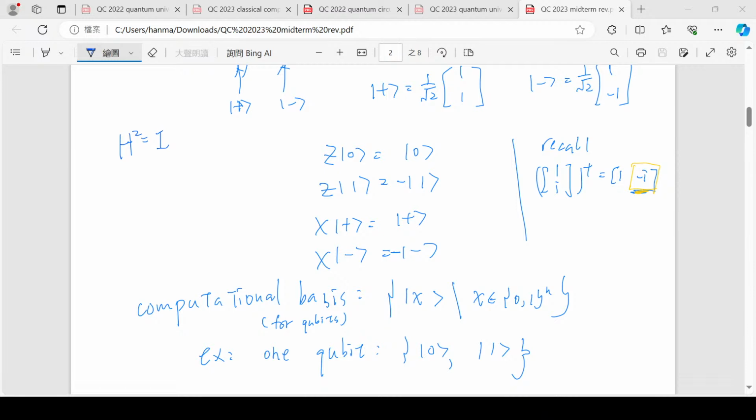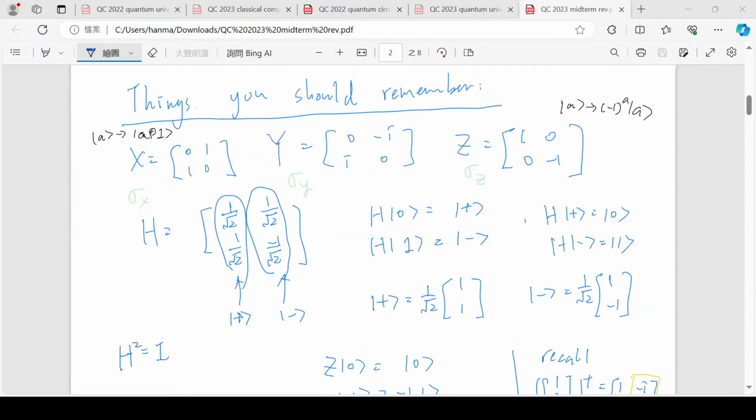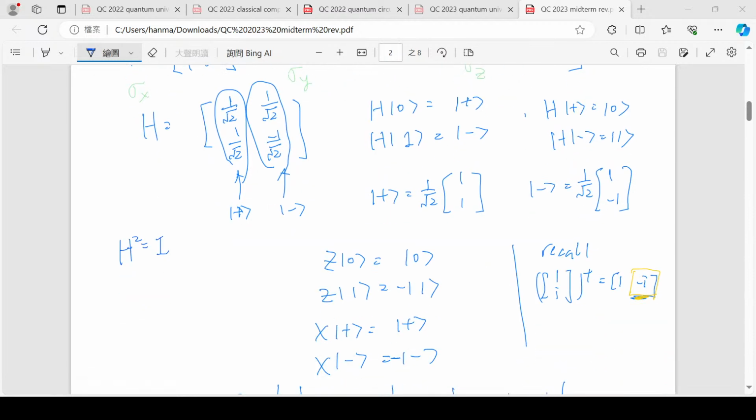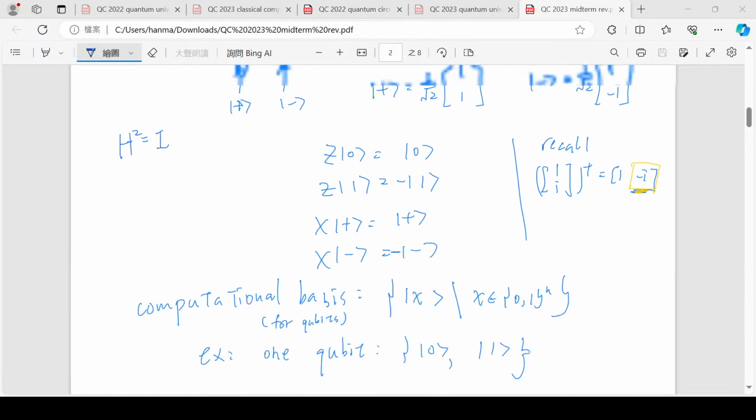For example, for the column vector (1, i), applying dagger makes it (1, -i). So you need to remember this minus i. This doesn't matter for the 0, 1 states or plus, minus states, where it's just a transpose because they are all real. But when you have complex numbers, you need to remember the minus sign.